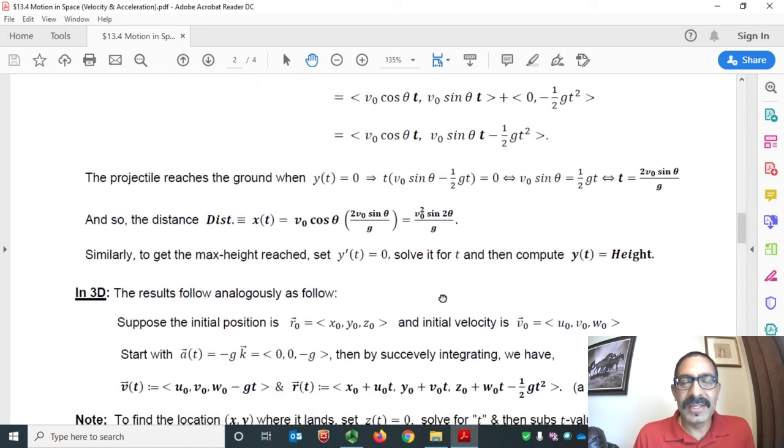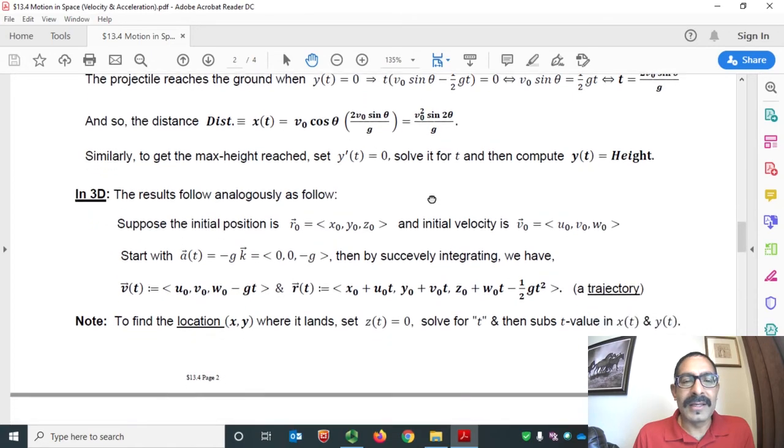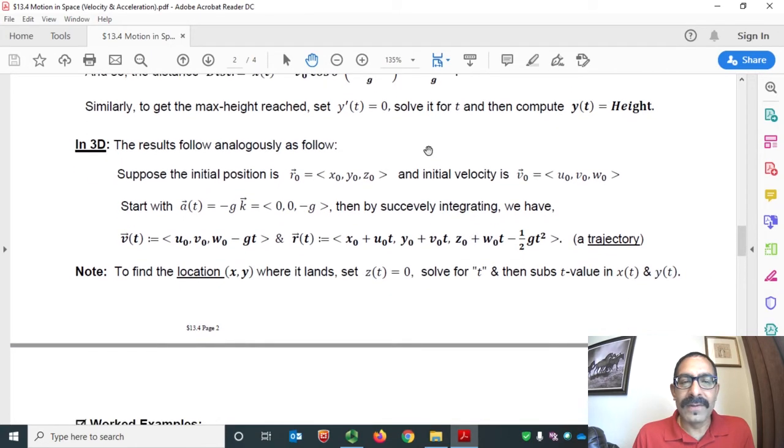Now similarly, let's work in the 3D case. The result follows analogously. Suppose the initial position is r0 with components x0, y0, z0, and the initial velocity is v0 equals the vector with components u0, v0, w0. Then again, start from scratch.